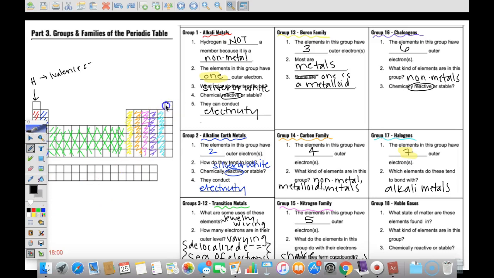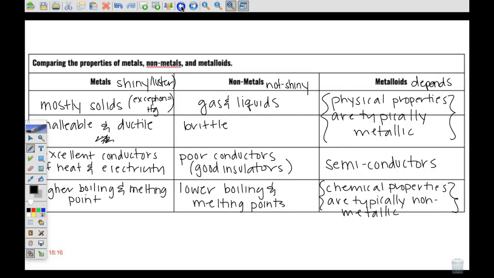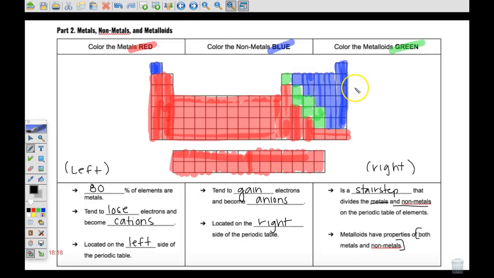And last but not least, we have the noble gases, and that does include helium up at the top. The noble gases are group 18. What state of matter do you think these elements are found in? Well, it's right in the name. They are gases. What kind of elements are in this group? If we go back to the beginning part of our notes, mostly nonmetals.